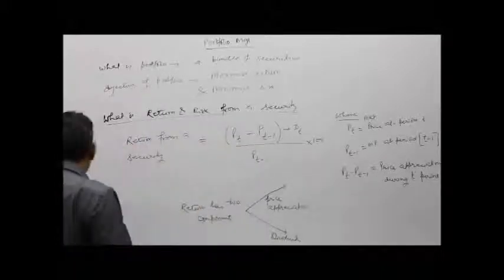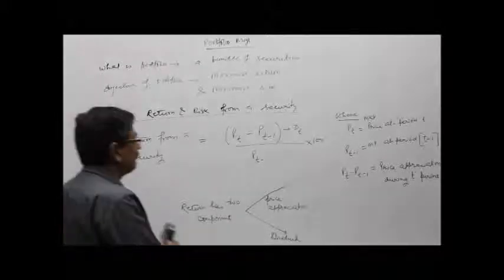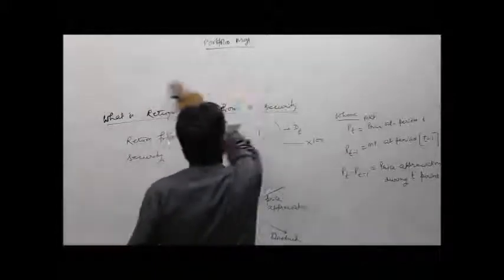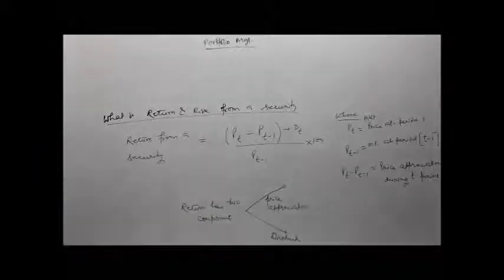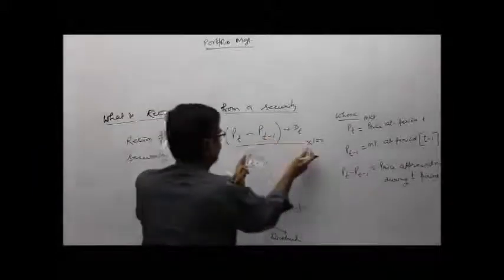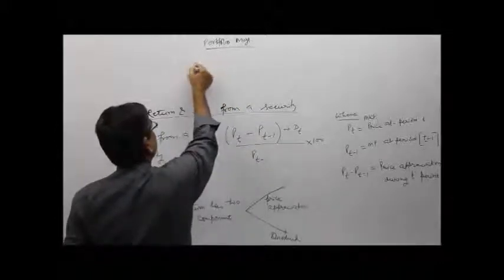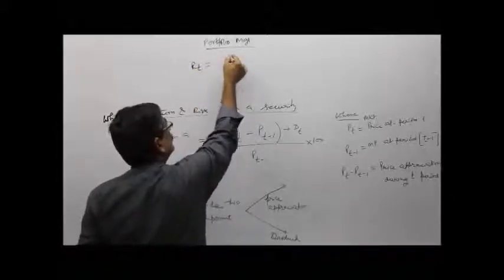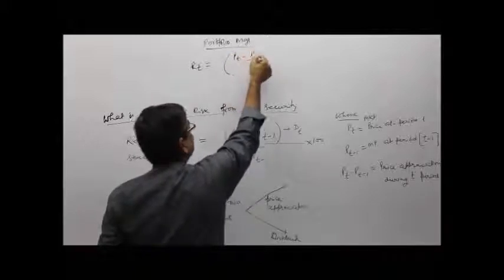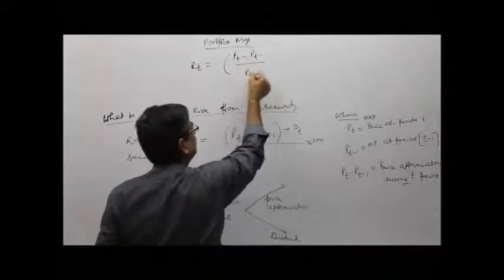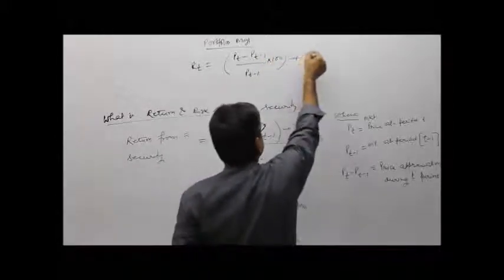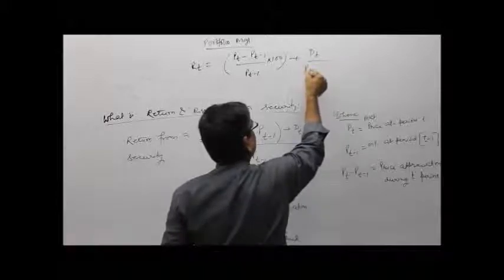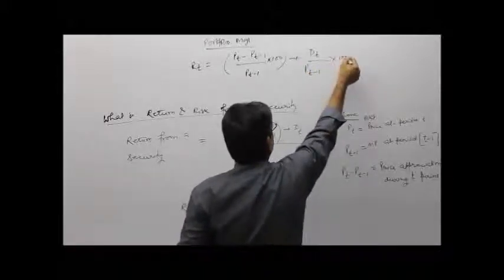We will break this part into components and then see how to compute the return. This part and this part we are segregating, so we can say return for the period T is equal to (PT minus PT-1) divided by PT-1 into 100, plus dividend during the period divided by the opening price into 100.